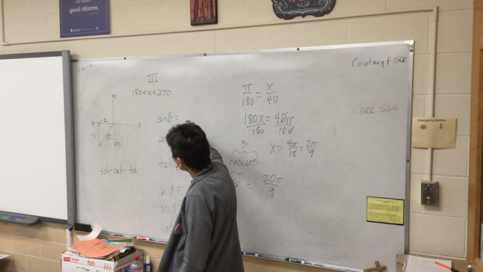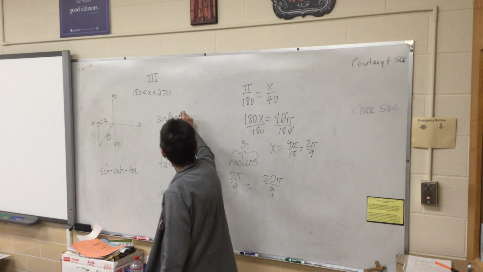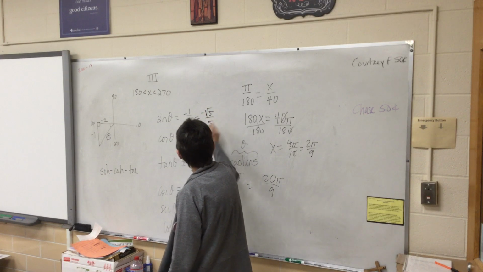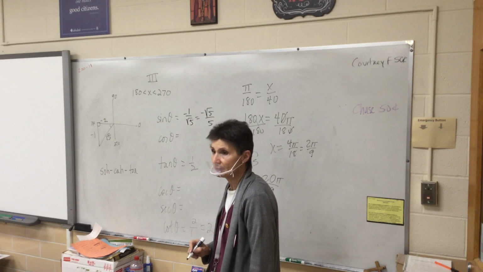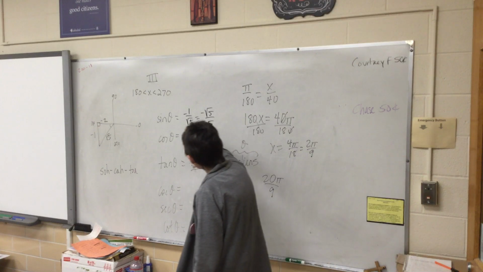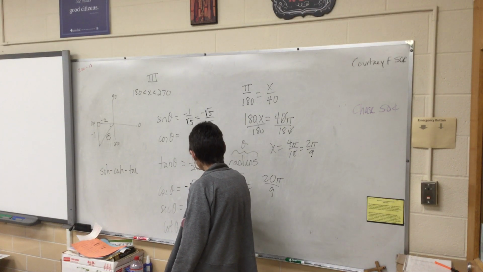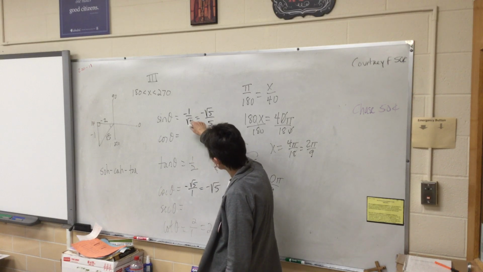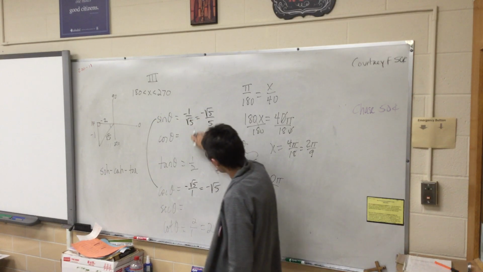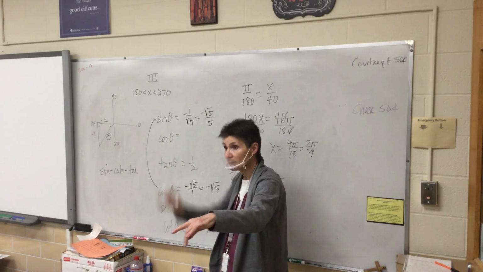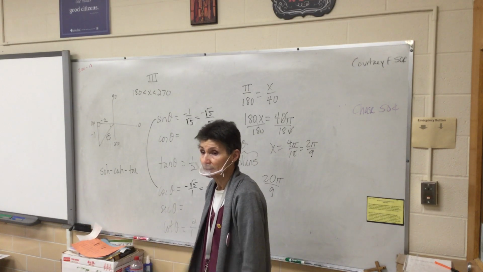What's sine? -√5/5. Exactly, very good, you even rationalized it. And then cosecant will be -√5/1 or -√5. Cosecant is the flip of the sine. Remember how you do 3 of them and the other 3 are just the flips?